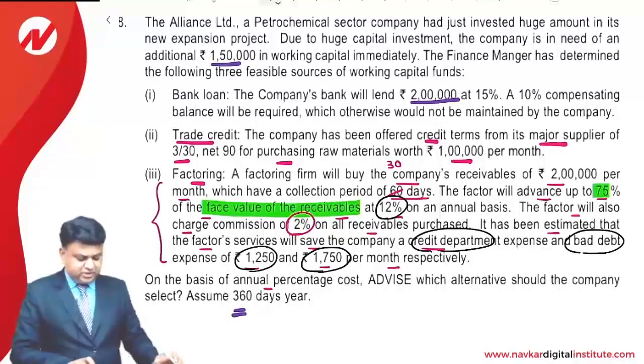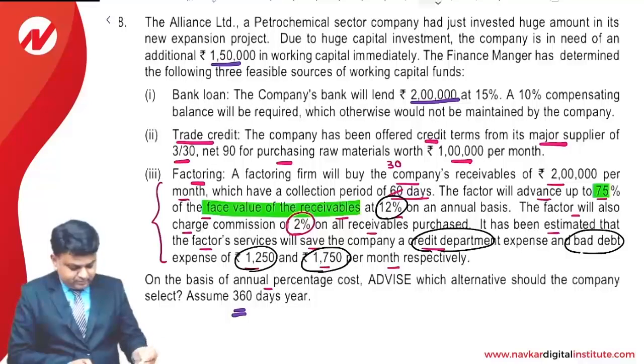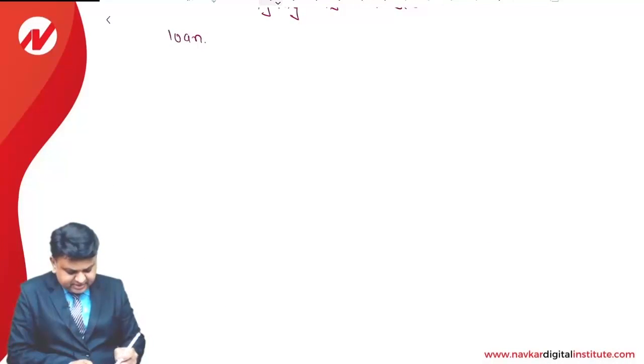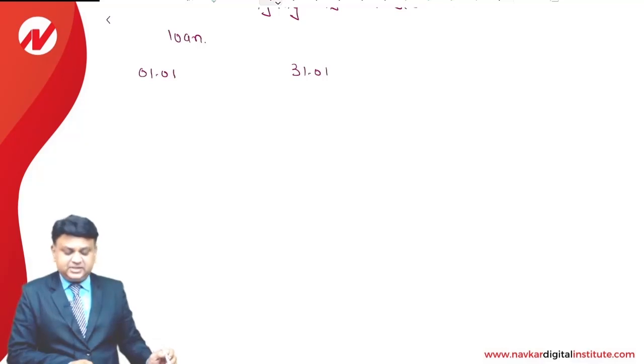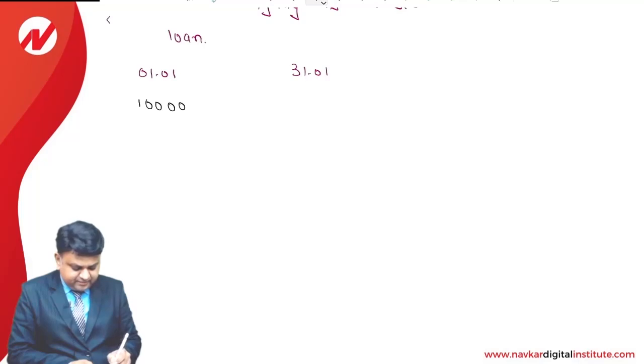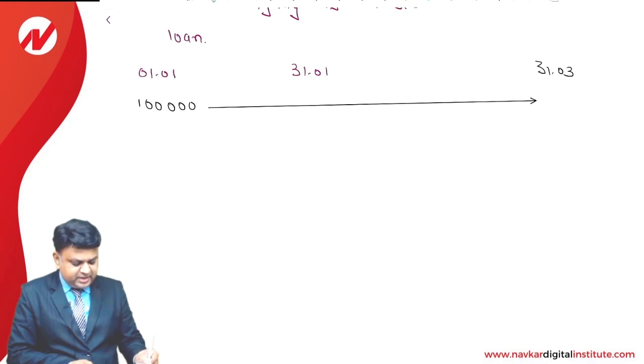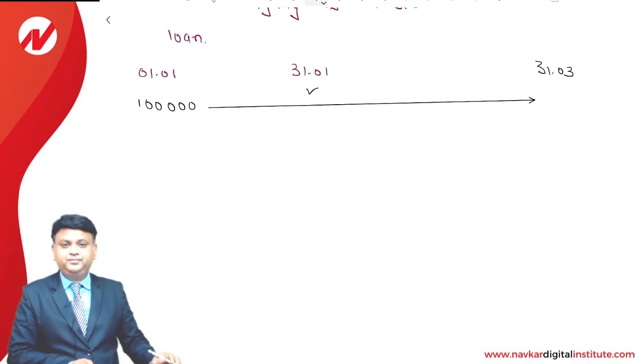See what happens here. We have to understand that monthly we are purchasing raw material worth rupees 1 lakh. So let us say that from 1st of January to 31st of January, you have purchased goods worth rupees 1 lakh. Of course, you have a credit period till 31st of March. However, in order to avail the cash discount advantage, you are making the payment on 31st of January.